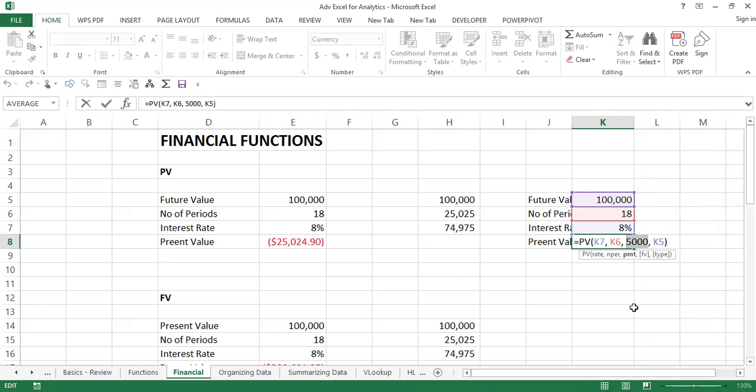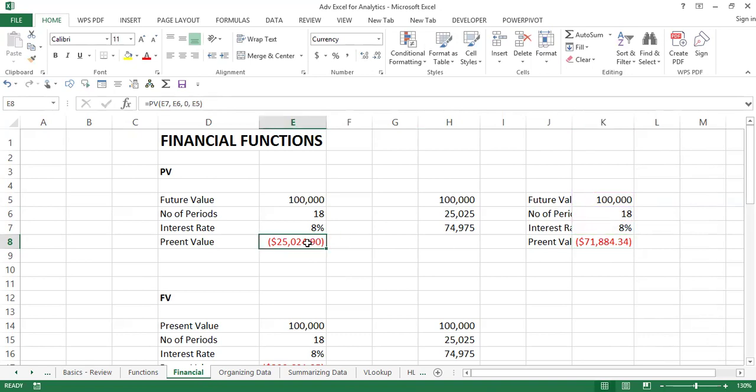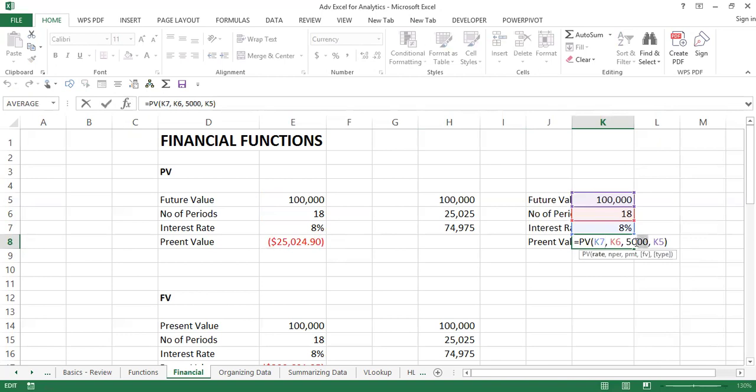Since you want to be withdrawing something every year, the initial amount you are depositing is higher than this one. In the other case, you are putting zero in your payments, which means you will not be paid anything the first year, the second year, the third year, not until the end of the period, 18 years. But in this case, you'll be paid 5,000 at the end of each year. Are you following?